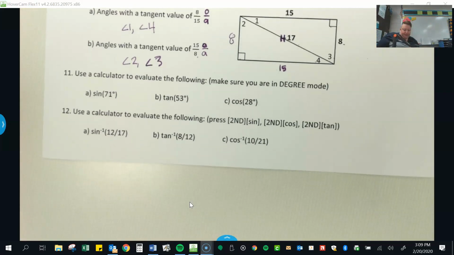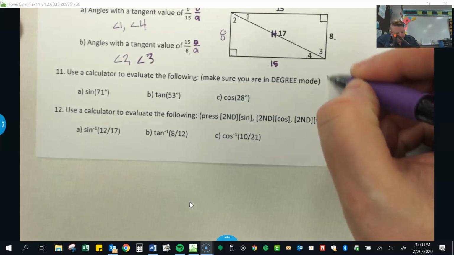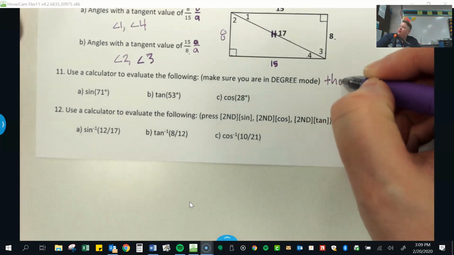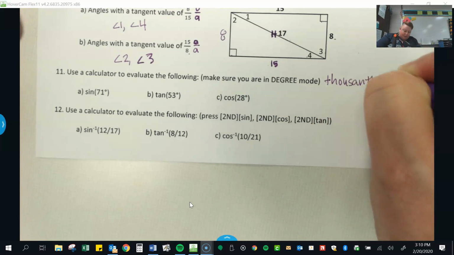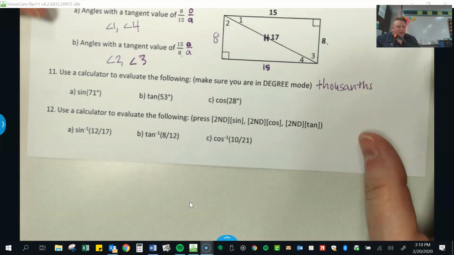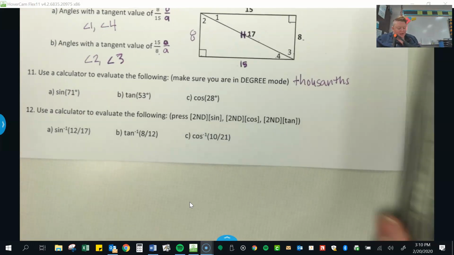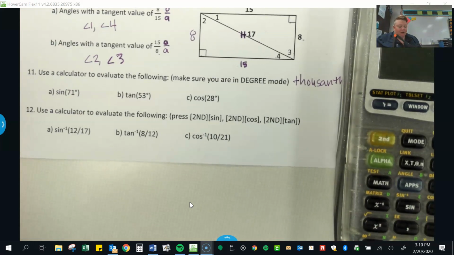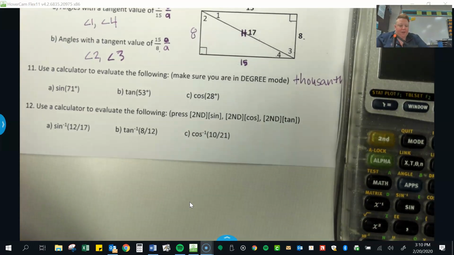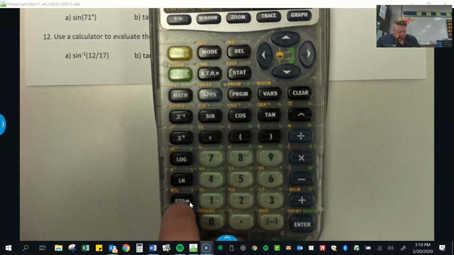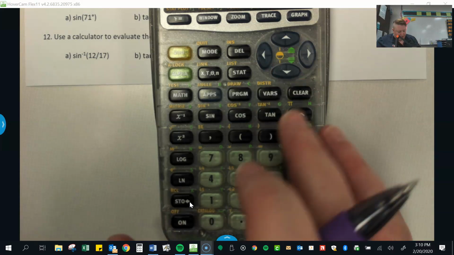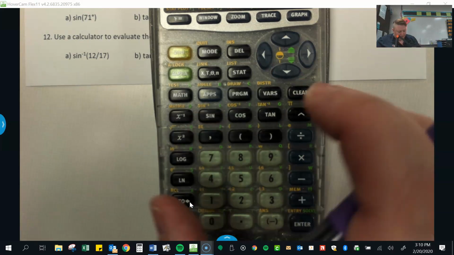Now, let's do this. I want you to round this to the nearest thousandths, okay? This is as easy as putting it in your calculator and properly rounding, okay? Let's look at it. Sine 71 just goes in your calculator as sine 71.